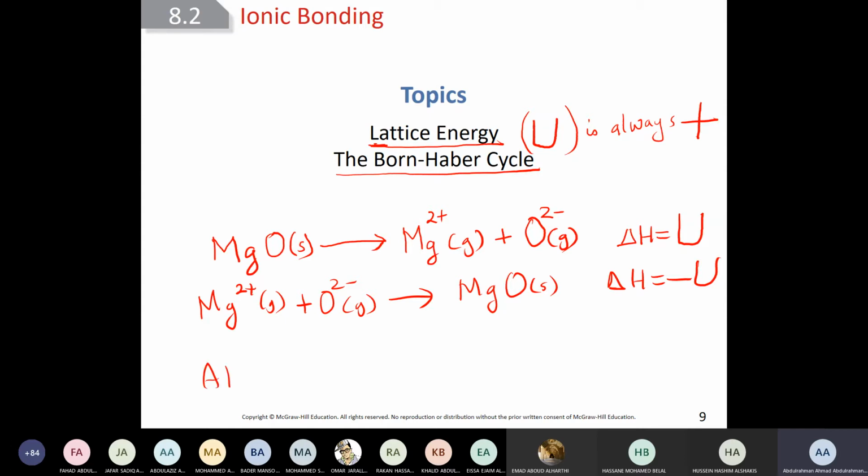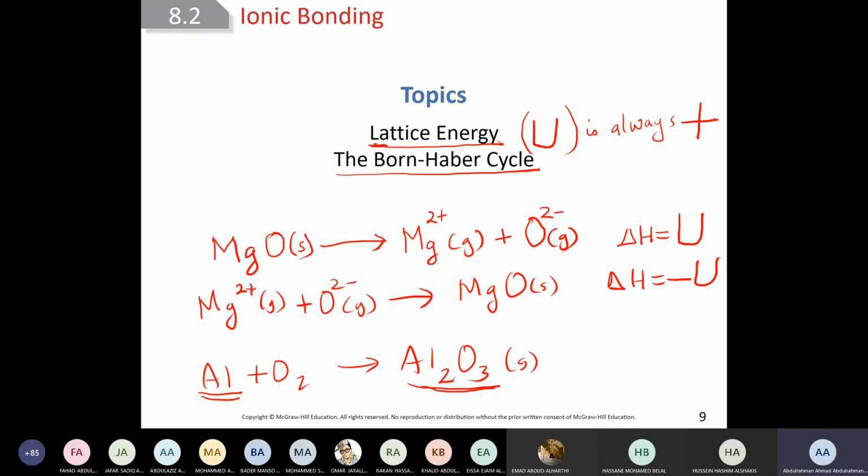But aluminum also reacts with oxygen to make Al2O3, like iron. But here, this is solid. This is not corrosion. Al2O3 is stronger than aluminum, so it becomes like a cover that protects the aluminum.